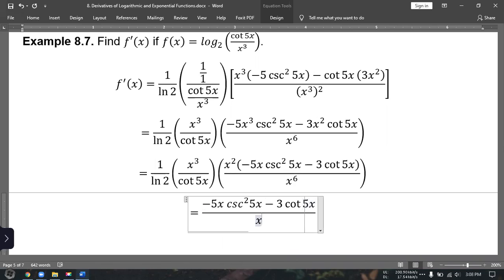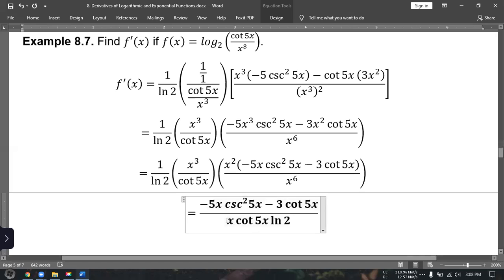Yung isang x na lang matitira. X natural logarithm. Our final answer.